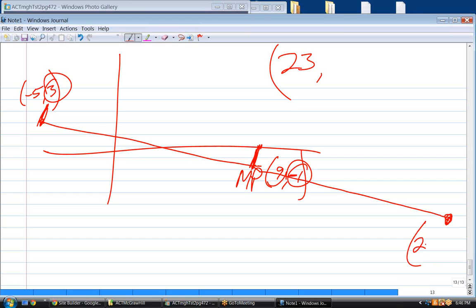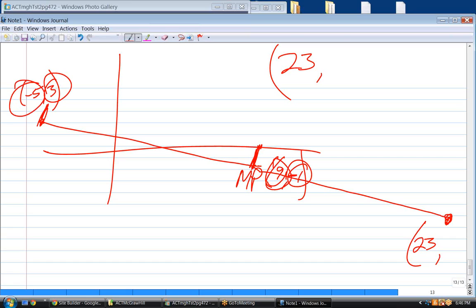We've already determined that the x-coordinate on that other point is 23. Why did we add 14 to 9? Because we were going from -5 to 9, which is to the right. So we know the x-coordinate has to be to the right of 9, which means it has to be 14 to the right of 9.